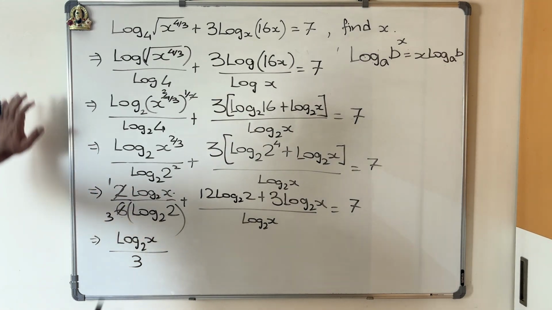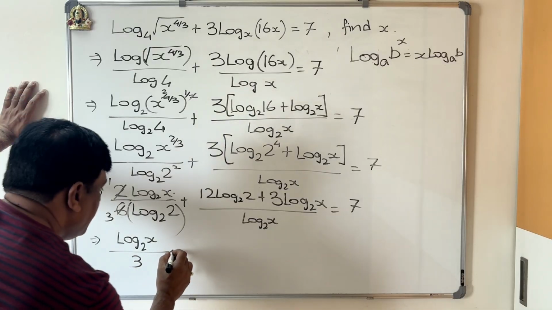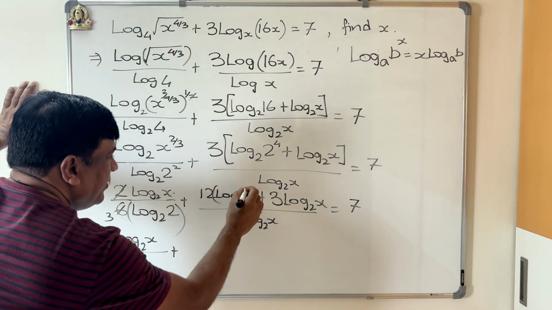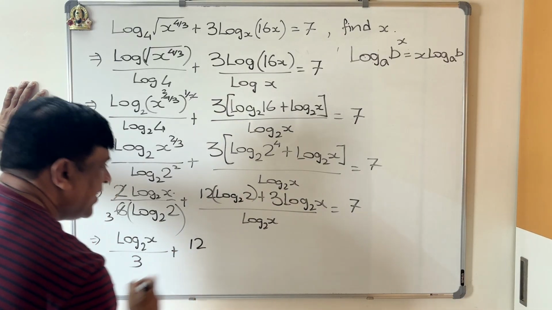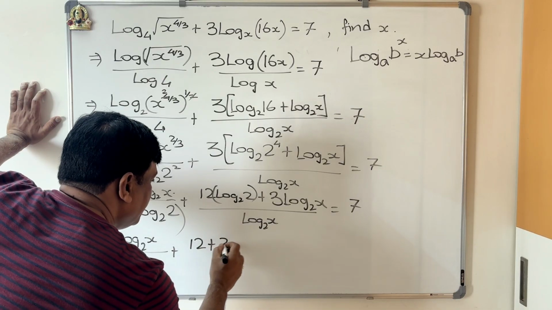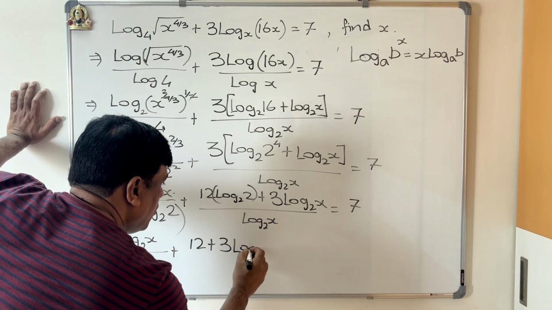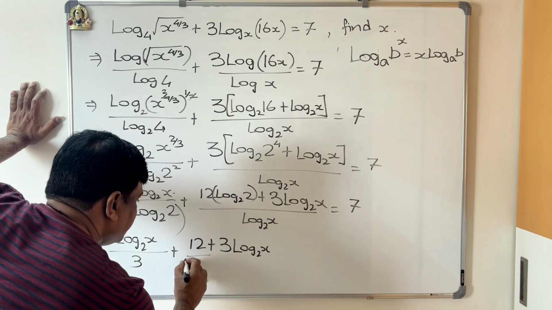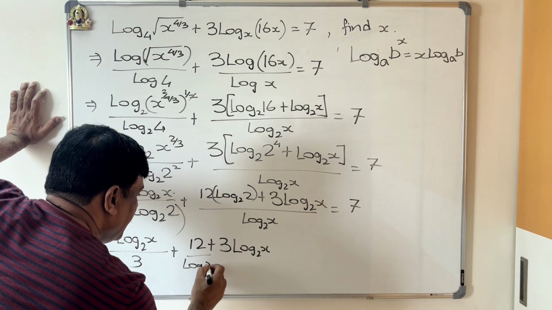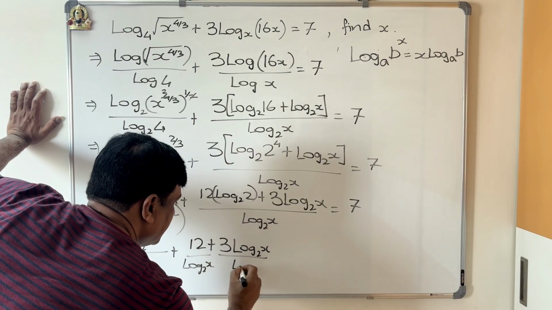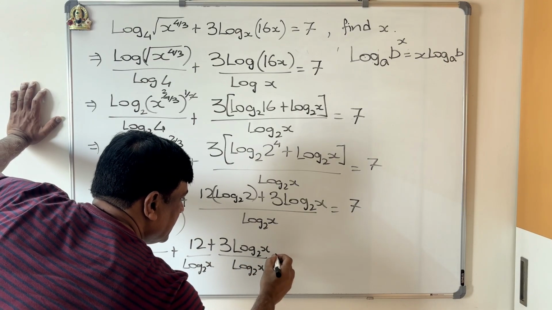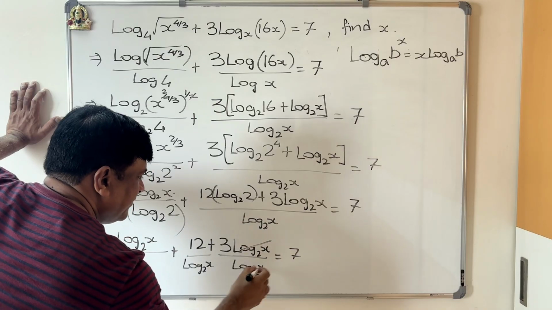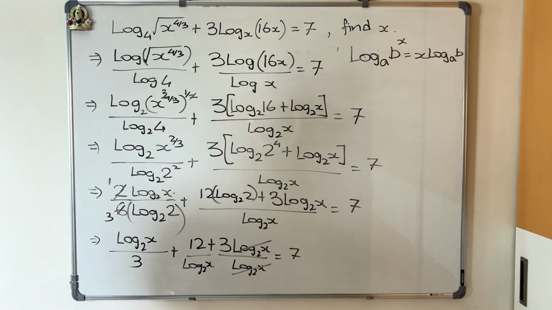This 3 is only left because 3 times 1 is 3, plus this becomes 12 because this will become 1, this will become 12, plus 3 times log of base 2x. Can I write it like this? I'll use the denominator like this, is equal to 7. So this log gets cancelled, you're left with 7 over there.